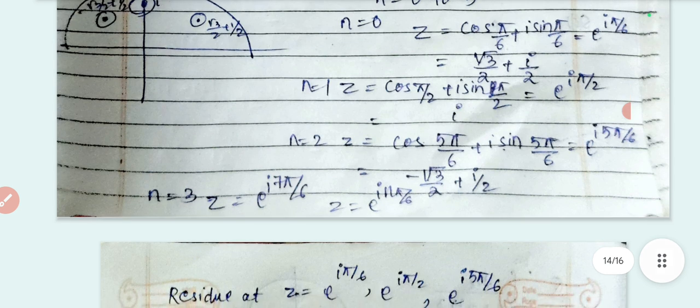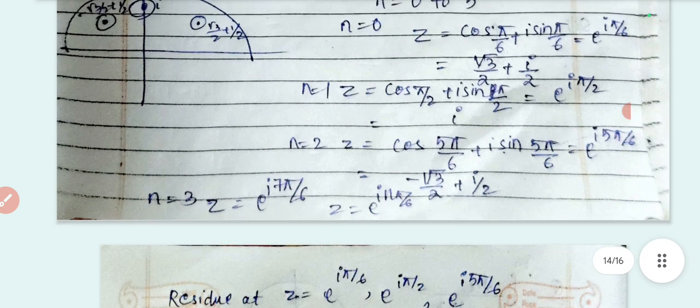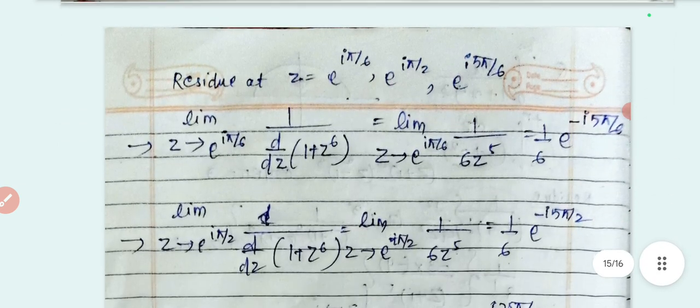Similarly, find the answers for n equal to 3, 4, 5. You will see that n equal to 3, 4, 5 will be in the lower half of the semicircle and these three are in the upper half of the semicircle. So, find poles for n equal to 0, 1, 2.